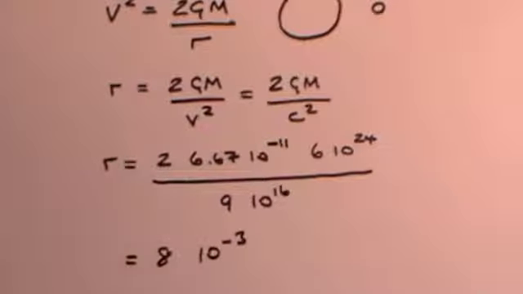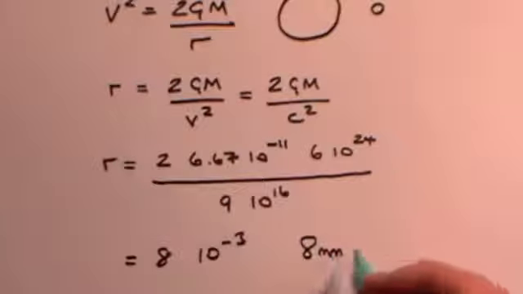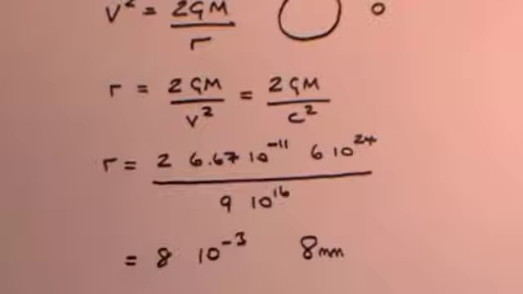And so we calculate that you'd need to squash the Earth down such that it had a radius of 8 millimeters, and then it would be a black hole. So we're talking about the size of a marble here, a diameter of about 1.6 centimeters.